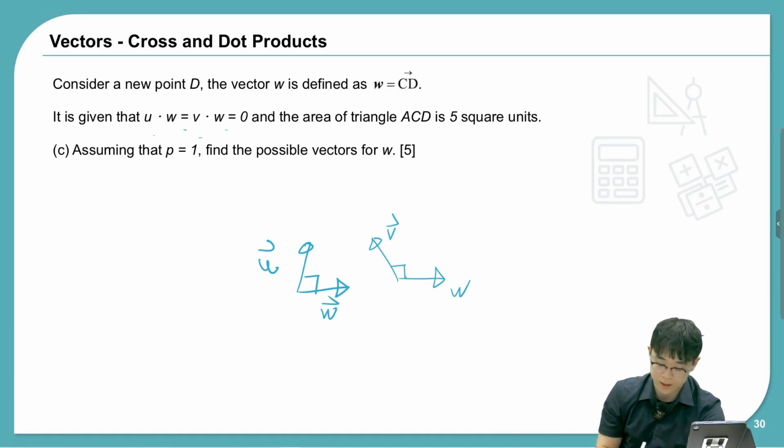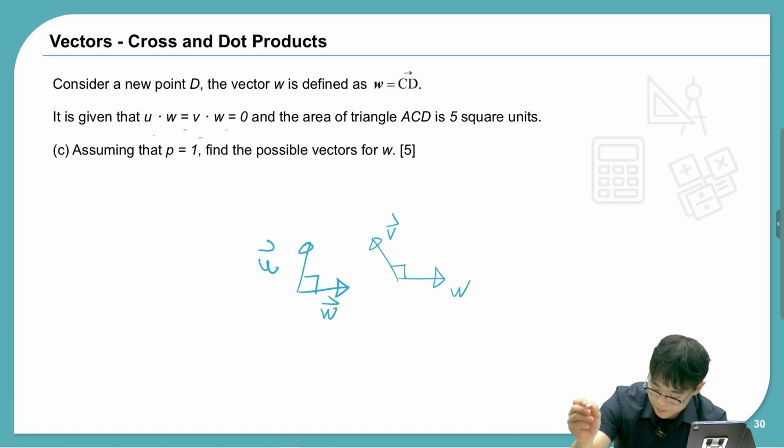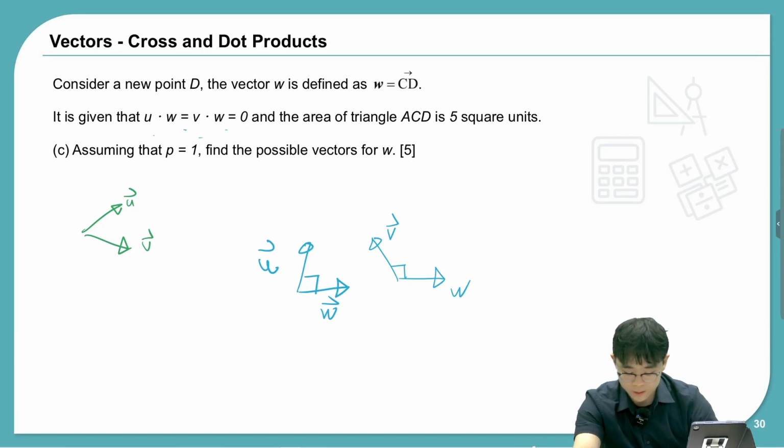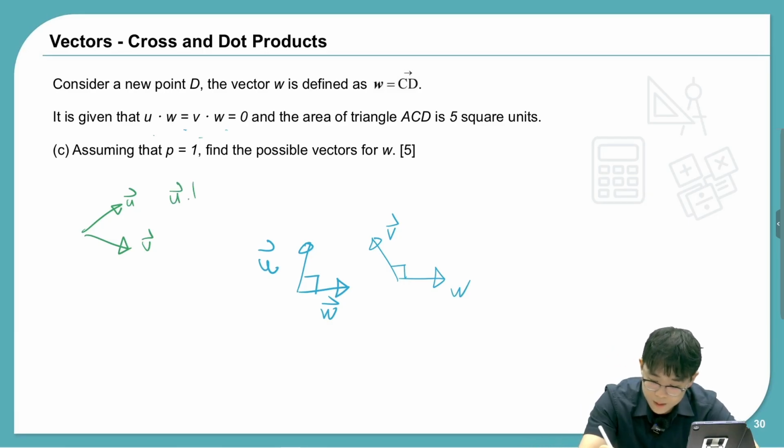So how that would work is the shape overall would look something like this. We would have u going like that, v going like that, and then the vector w is both perpendicular to v and u.